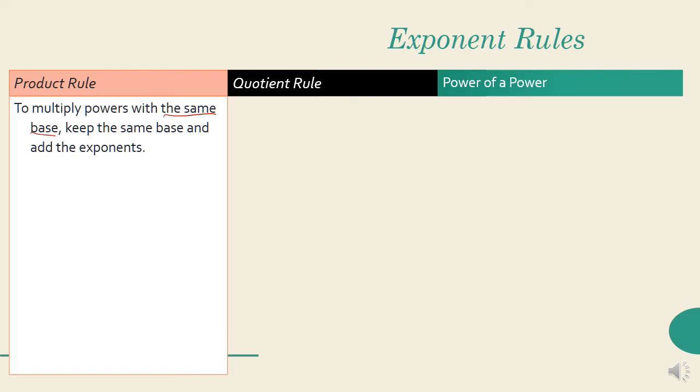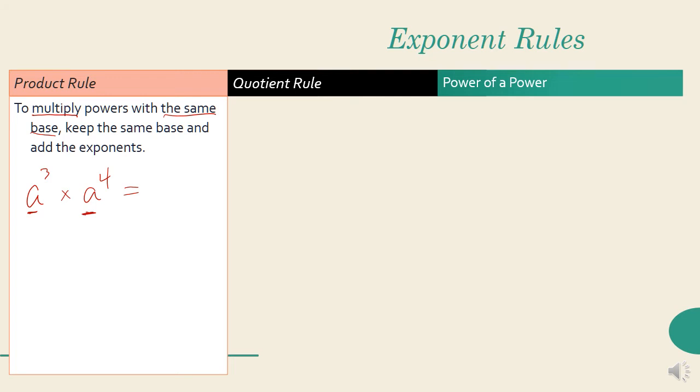So we're going to do a couple of quick fire examples here. One with letters, one with numbers. So let's say we have a cubed times a to the 4. And we want to know what that equals. So we know we're going to use the product rule because we're multiplying and there's a multiply sign. The next thing you're going to check for is, is the base the same? And the base is this number, or in this case, letter.